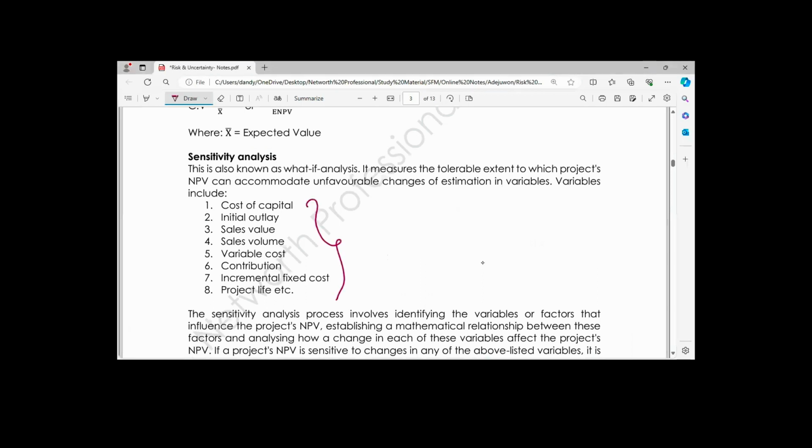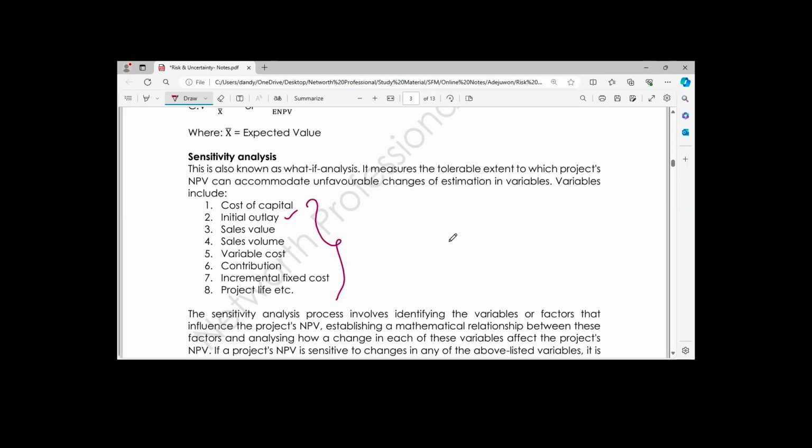So you want to know what is the percentage change in cost of capital that will make the project become unviable? What's the percentage change in initial outlay that will make the project not viable again? So these are the things that sensitivity analysis measures, and it is very practical.